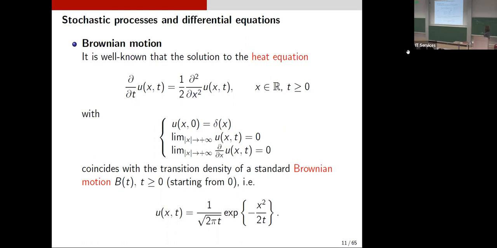Of course, in a higher dimension we would have the Laplacian operator, but as I said, I'm only in dimension 1. And here, of course, you have the conditions, both initial and boundary conditions.